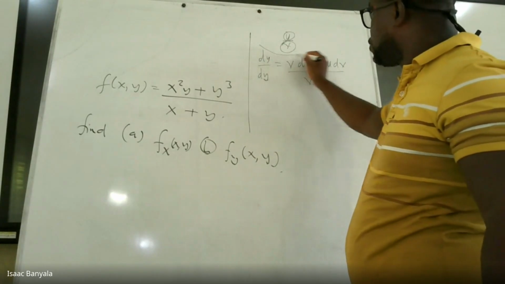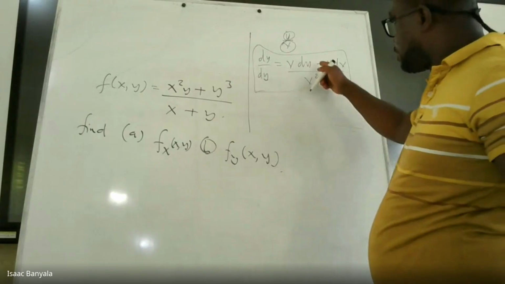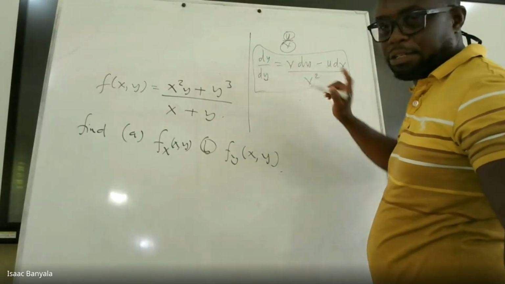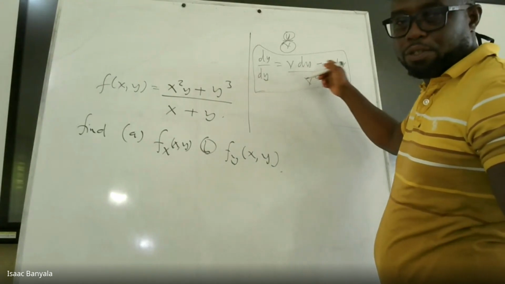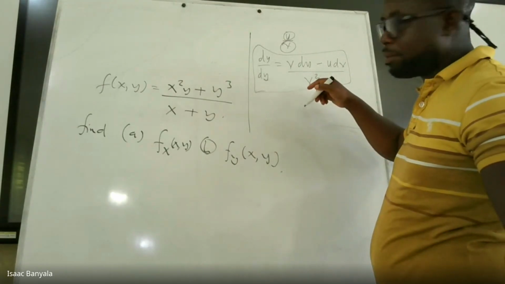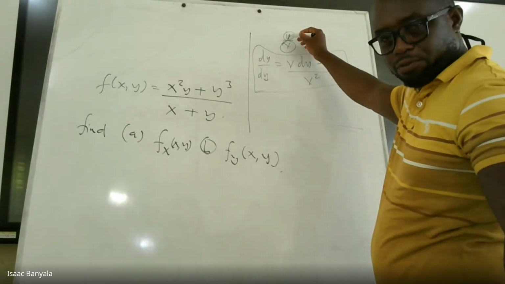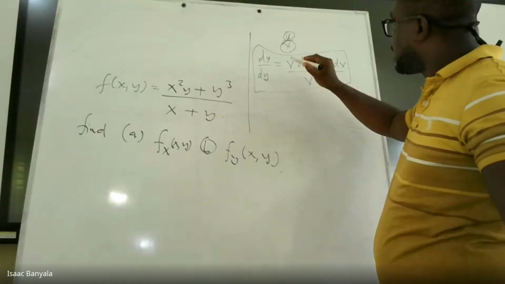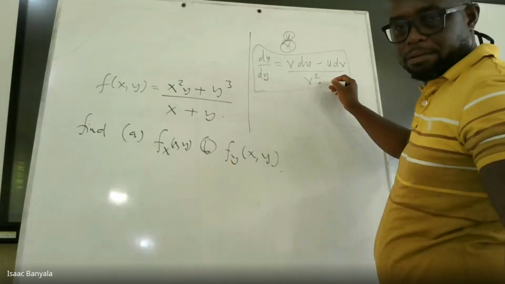Please, you need to keep this formula. And please note it well, because subtraction is not commutative. So if you interchange the position of these two, you get it wrong. So you keep the V, you differentiate the U, minus keeping the U, differentiating the V, all divided by V squared.